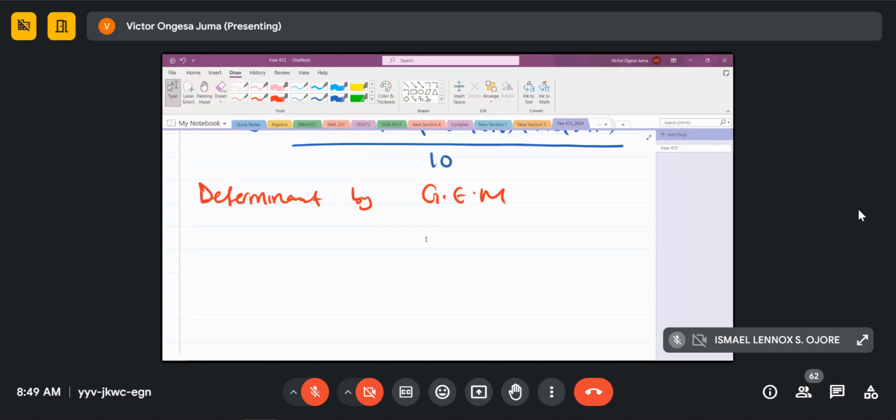And so that's now where we bring in this determinant by Gaussian elimination method. Maybe I can first of all just review the previous method that you looked at.